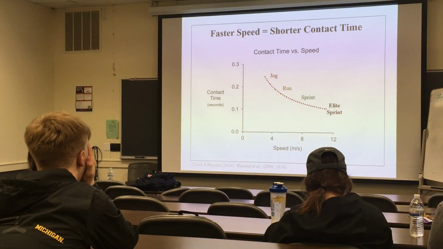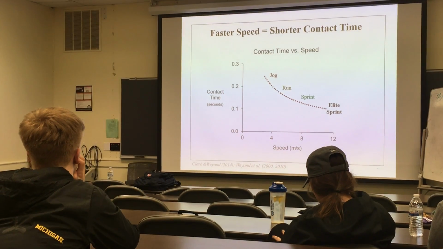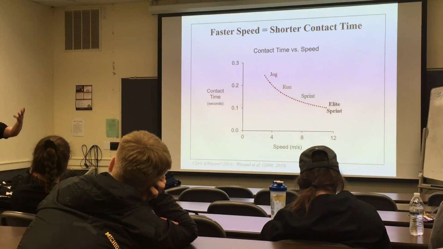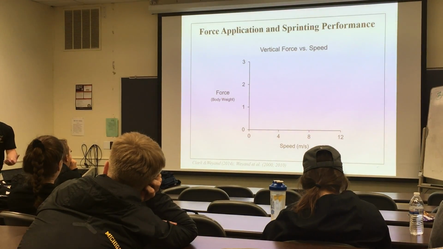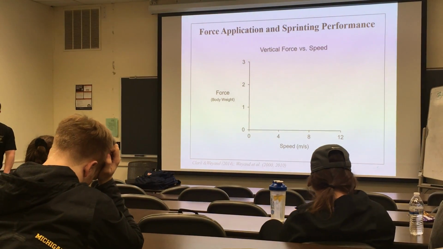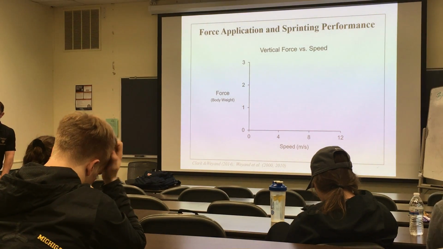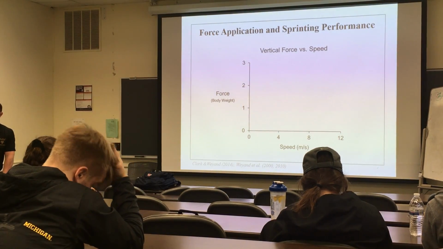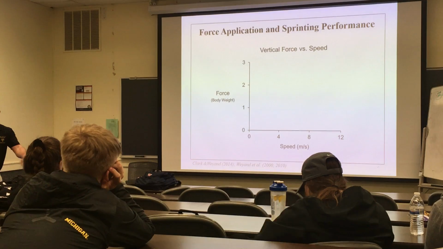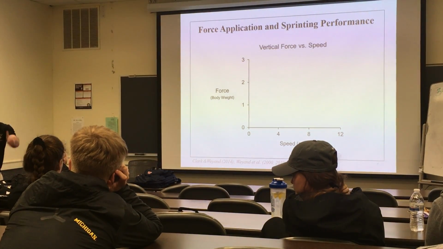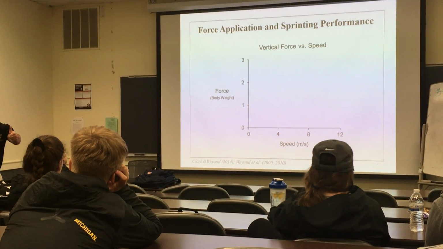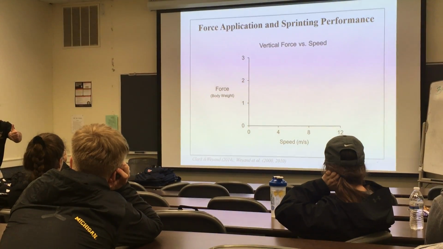But because you always have to apply enough force down to support your body weight up, if your foot is on and off the ground faster, you have to apply more force down when it's on the ground. I'm going to say that one more time. The quicker you go, the quicker your foot's on and off the ground, but you always have to push down hard enough to get your body back up. No one likes to trip and fall. We don't let ourselves do it.